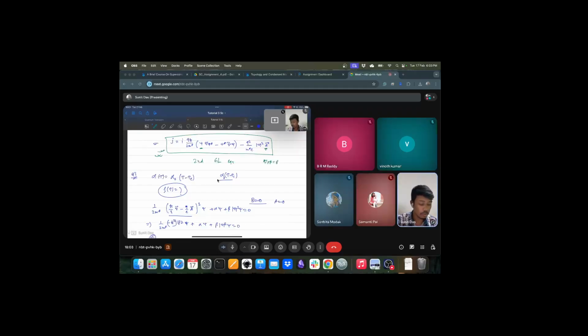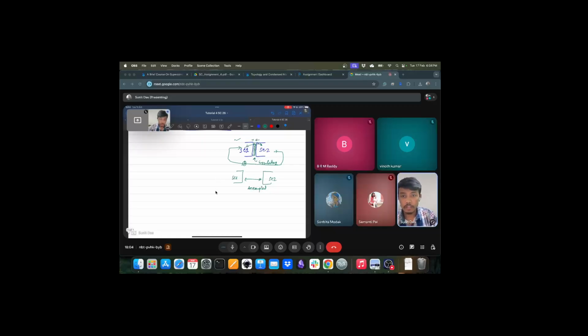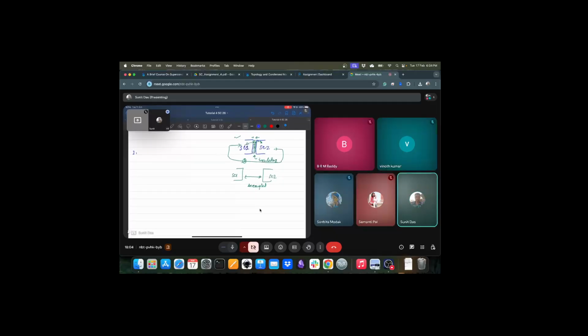So we'll use this equation to derive a generic expression involving current density and magnetic flux. Okay, so this is the second Ginzburg-Landau equation.